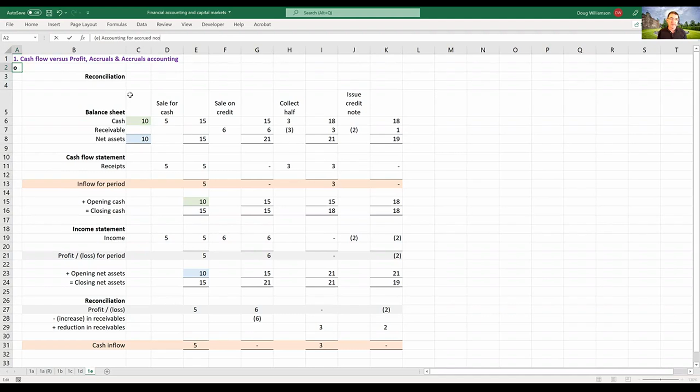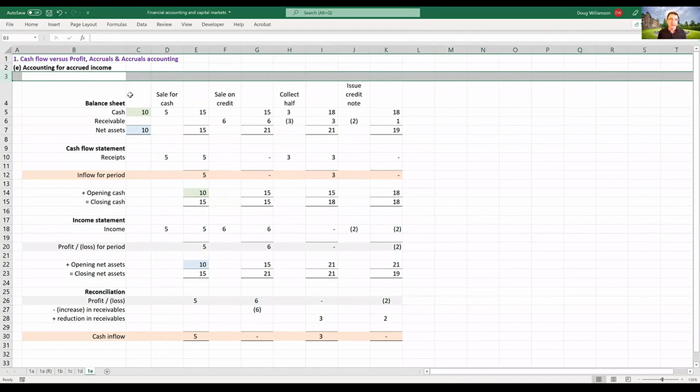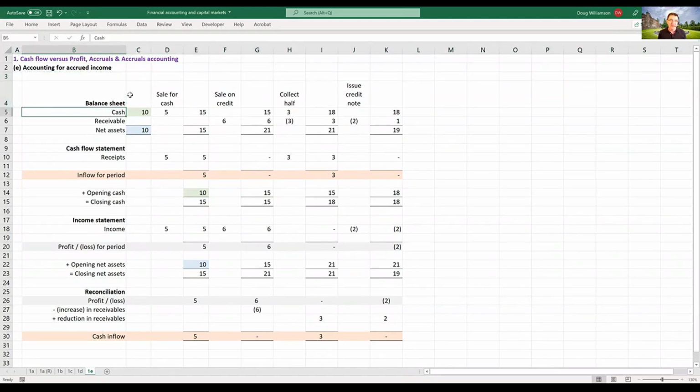Let's remove this label. This is so far just an exact copy of accounting for sales. Let's expand this label.